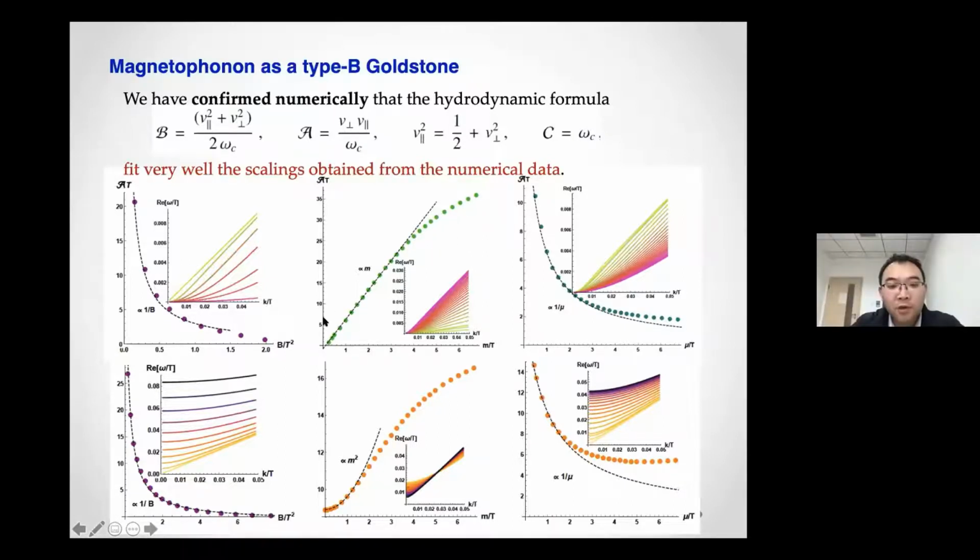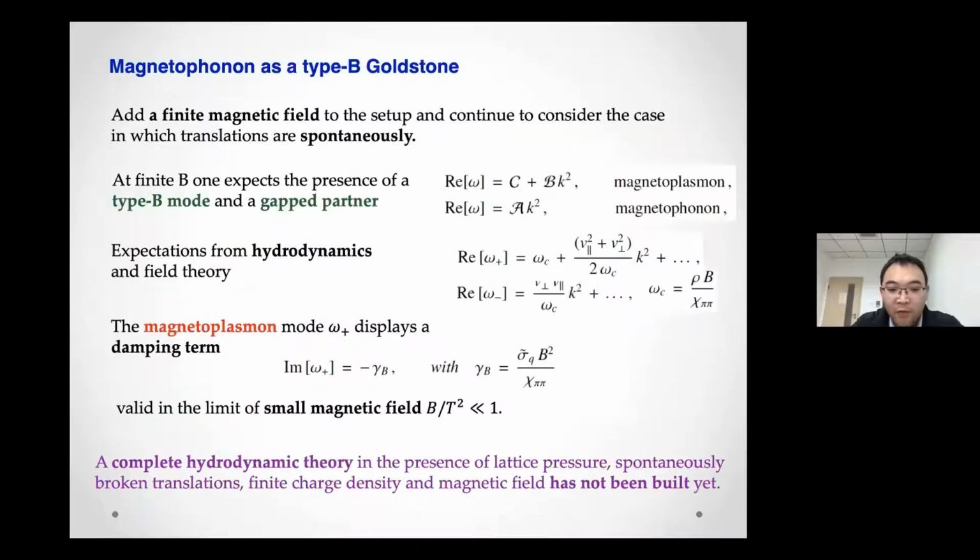The deviation is because the solid curve is from the hydro description here, and this hydro description is only valid at a small magnetic field. So far we don't have a consistent hydro description. But in the holographic theory, we can calculate any quantity at a large magnetic field.